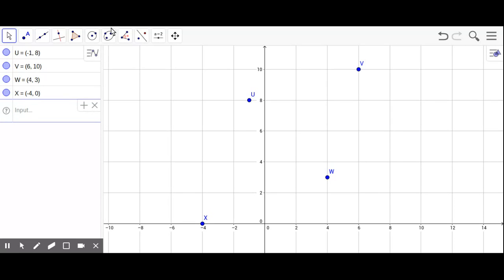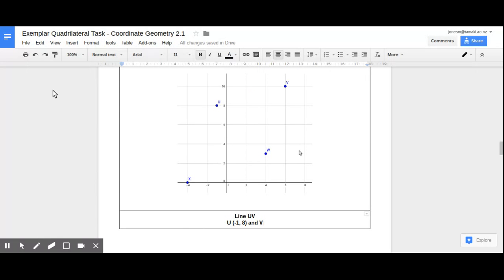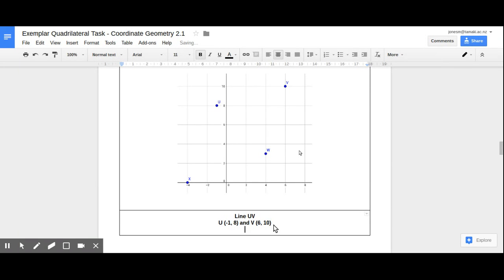Okay, so our first line that I'm going to investigate is the line from U to V. So we have U, which is -1, 8, and we've got V, which is 6, 10.